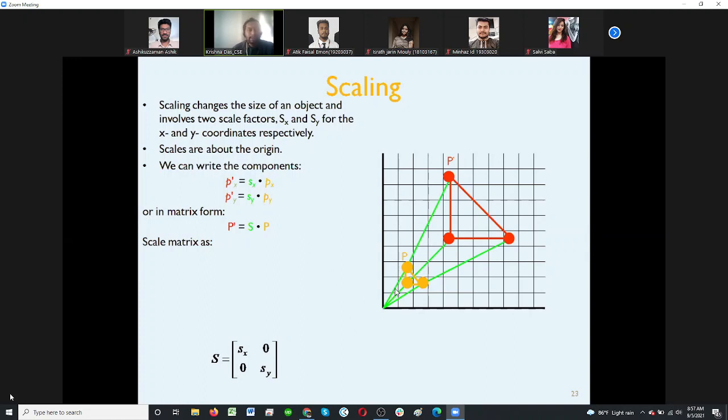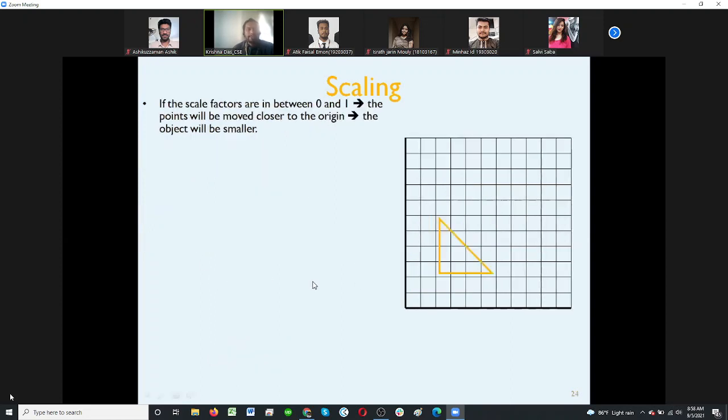So 4 and 6 would be the new point's position. The same way, if we take the other points and apply that factor, we'll get new positions of those points, and if we join them, we'll get the new object. That is the scaling activity.